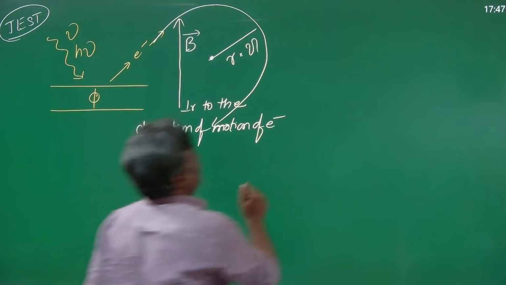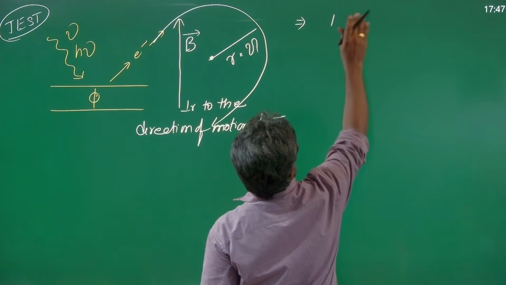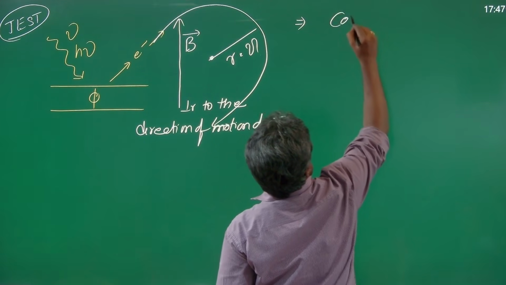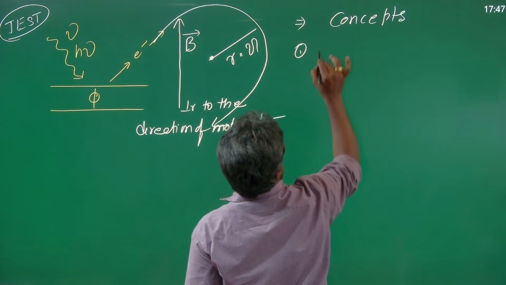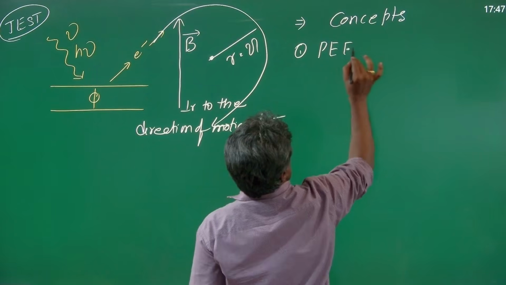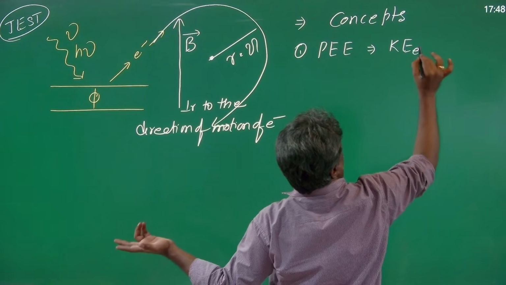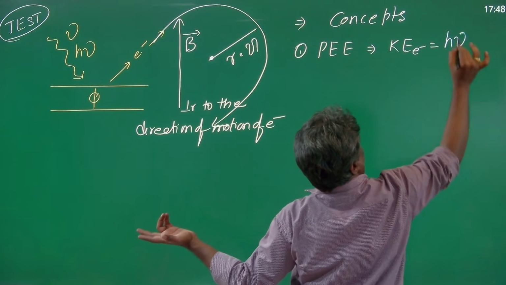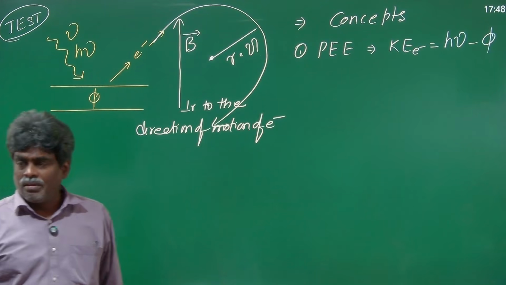So if you want to solve this, you need two concepts. The first one is the photoelectric effect. What is the photoelectric effect equation? Already we have seen: KE of electron equals h nu minus phi. Listen.